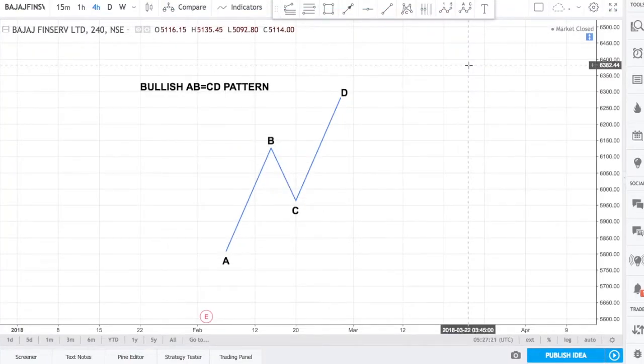This is a classic pattern that traders have been using to enter or exit trades since decades. I have read somewhere this ABCD pattern has been used by traders ever since 1935. That's a long time. Anything that stands the test of time have to be trusted and relied upon.